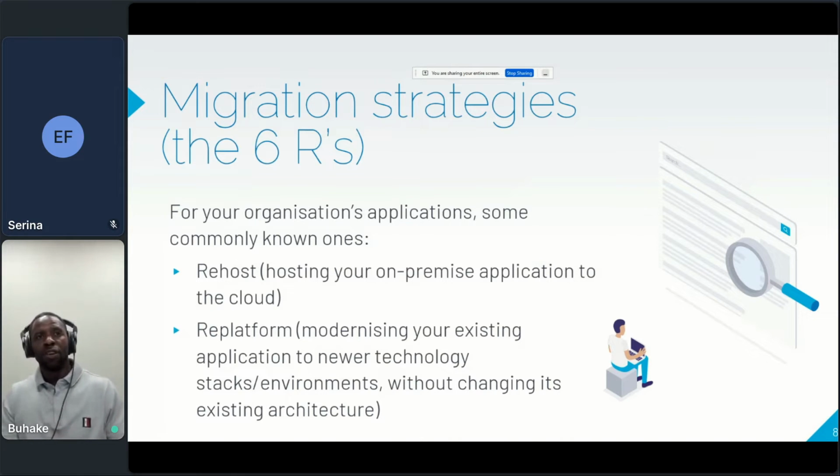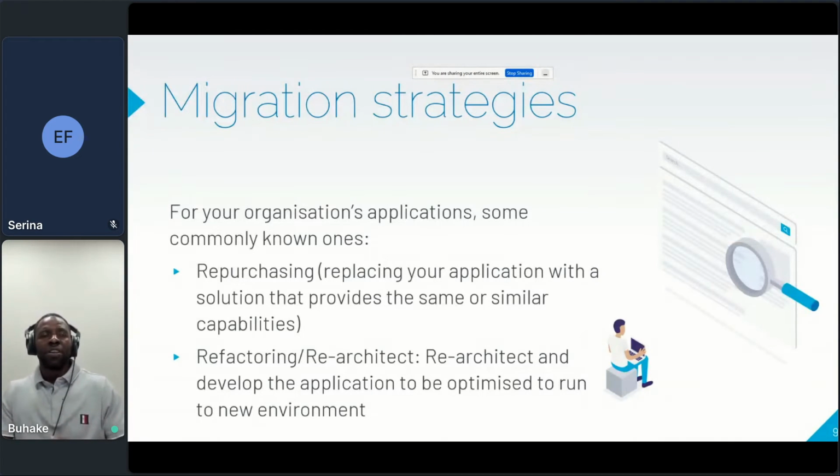Which will also lead you to replatforming. If you want to be cloud compliant and you have a Jakarta EE application, what other technologies from Jakarta EE can you use to make sure it's also cloud compliant? There is also purchasing or refactoring, where part of your migration will be refactoring or re-architecture.